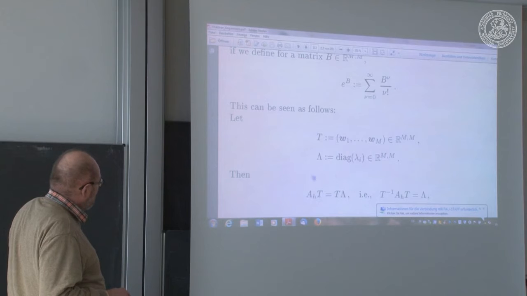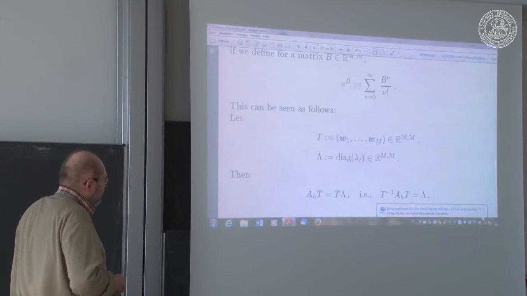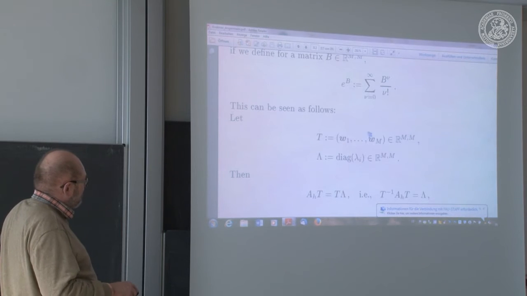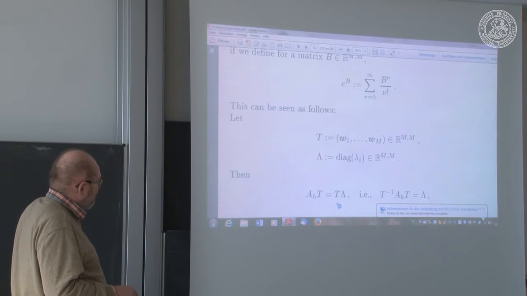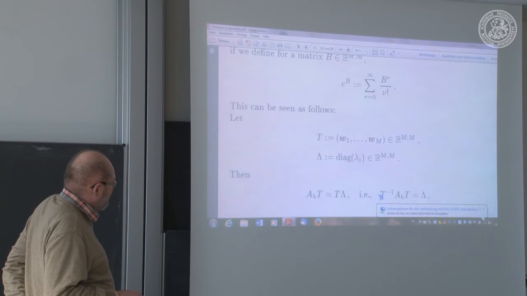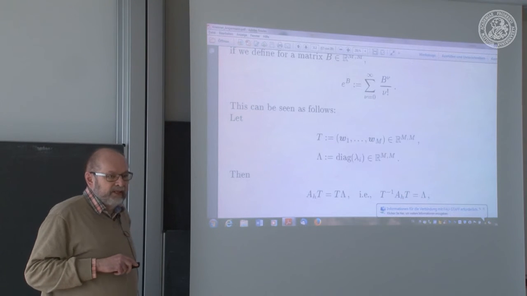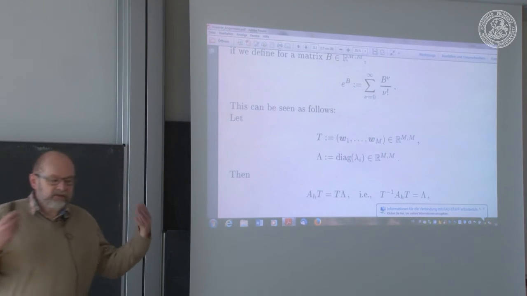If you write this down, what does this mean? Matrix times matrix are columns which are the matrix times the corresponding columns, and then you are back to the A_h omega_i equals lambda_i omega_i version. Or otherwise written, this is this statement. So the similarity transformation induced by T just leads us to the diagonal matrix.